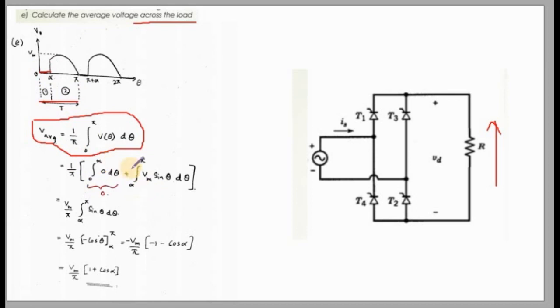From alpha to phi, you can simply calculate and get the waveform Vm sin theta. Then you can integrate this and get the final answer.